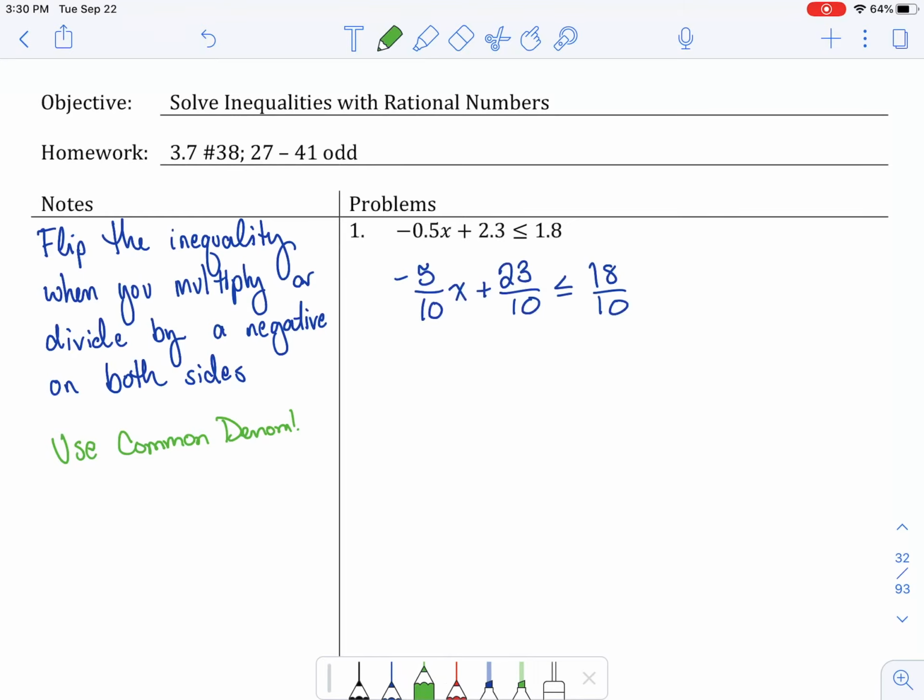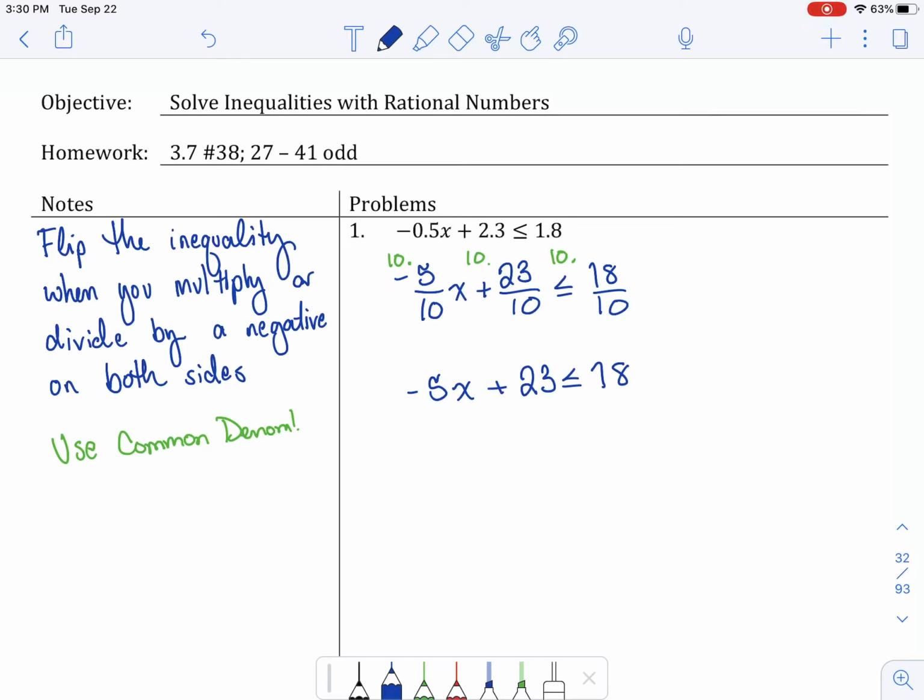Or you can just multiply the whole thing by 10 to start off with. But either way, once they all simplify, you're going to end up with negative 5x plus 23 is less than or equal to 18, because 10 is a positive number. Yes, we multiplied on both sides, but it's positive.